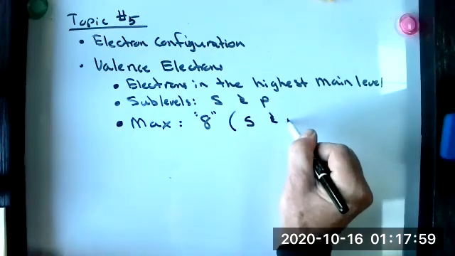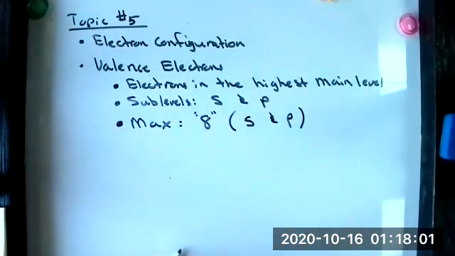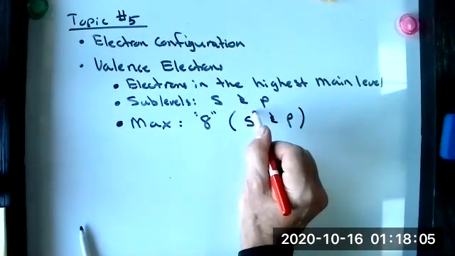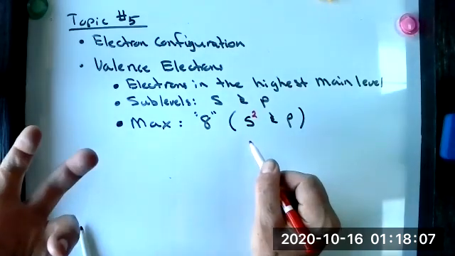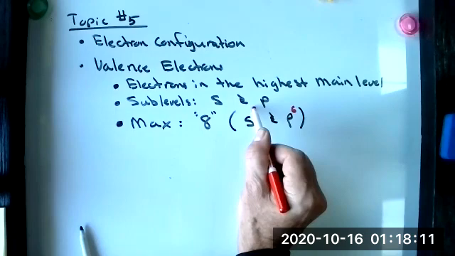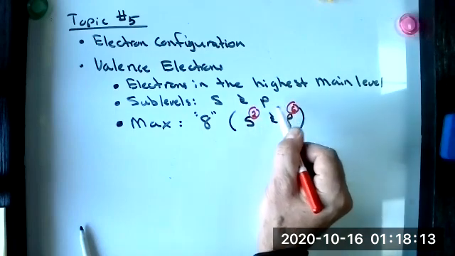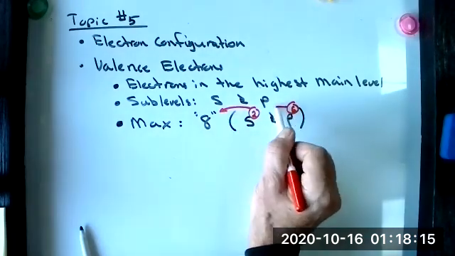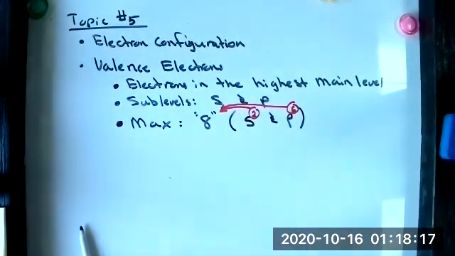S and P. An S sublevel only holds 2 electrons as a maximum, and the P holds 6 as a maximum. Therefore 2 plus 6 is going to give you 8, and that's it.